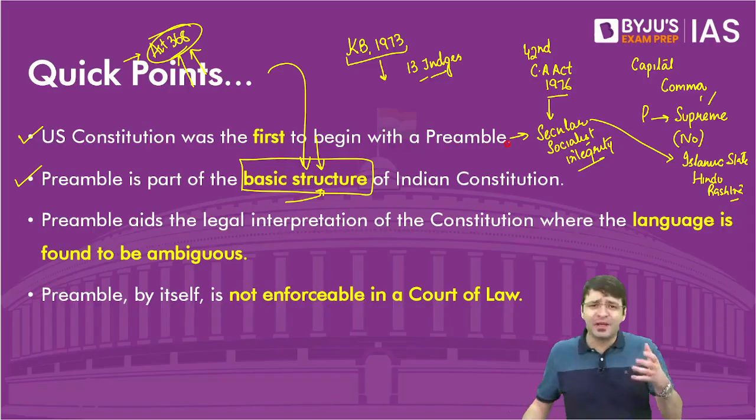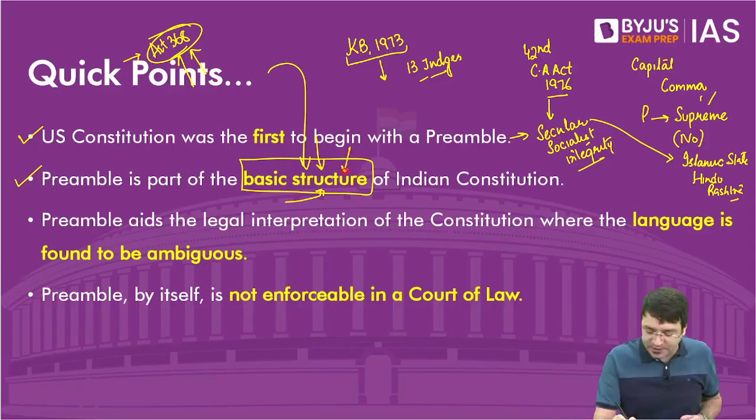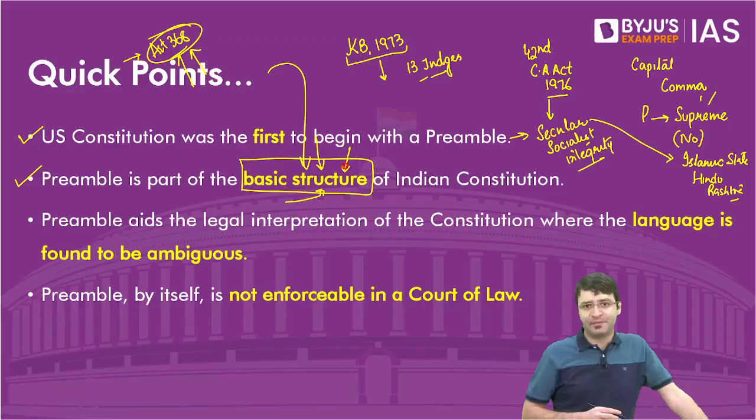But can we add gender justice to the preamble as one of the objectives of the Constitution? Yes, we can. That means we can make any changes to the preamble so long as it does not destroy the basic structure. By adding the word secular, the basic structure was not destroyed. By adding the word socialist, by adding the word integrity, the basic structure was not destroyed.